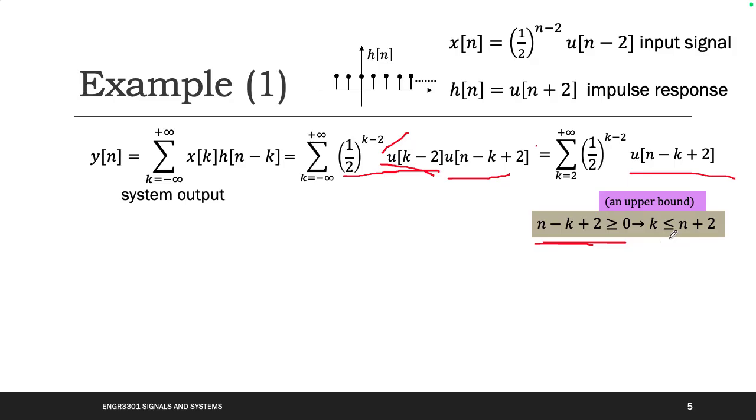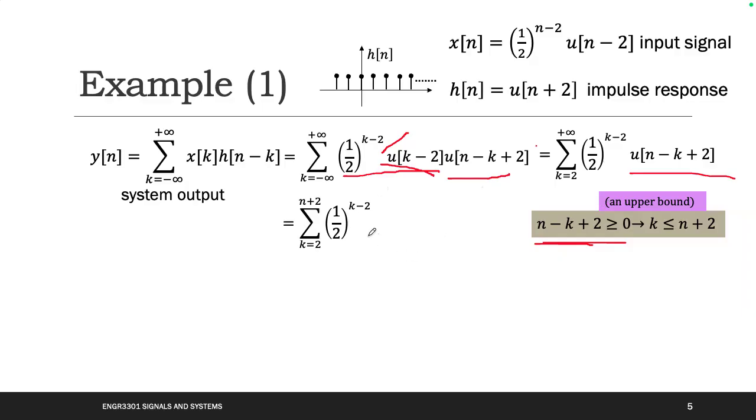Then our equation can become this one: k greater than or equal to 2, and smaller than or equal to n plus 2. Then we can remove this atom. If k is greater than n plus 2, it will be 0, so we can remove that. That makes sense to you?